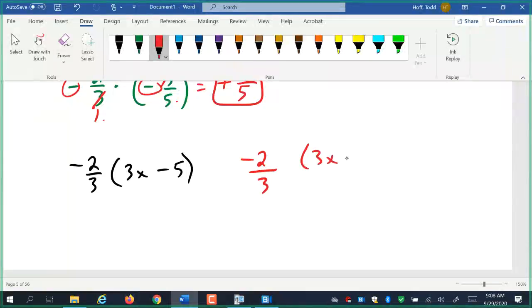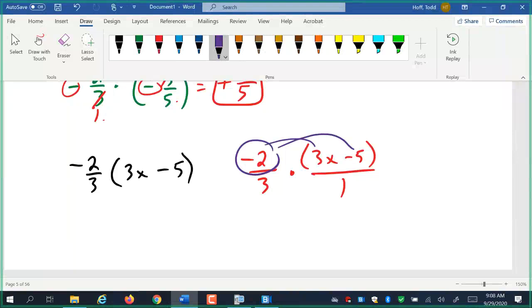I would put it with the 3 or the 2. And when we multiply, of course, we have to make that 3x minus 5 over 1. And now we can multiply that negative 2. We'll talk about doing that operation with our algebraic numbers later on in this unit. But for right now, know that it's easier to put the negative with the numerator and multiply it through rather than have it just right out in front of the fraction.